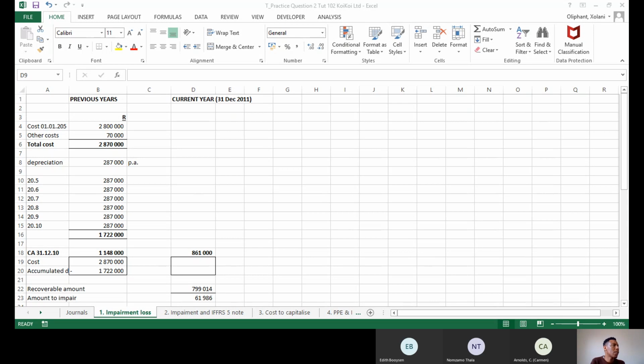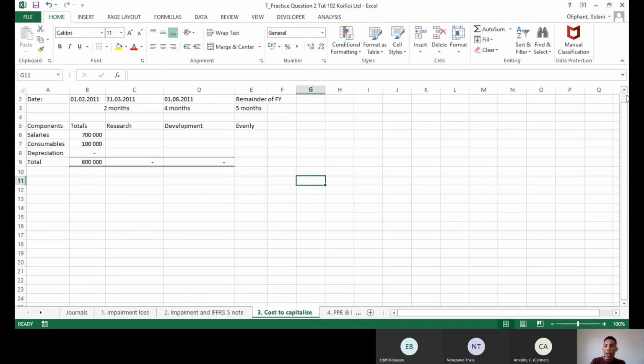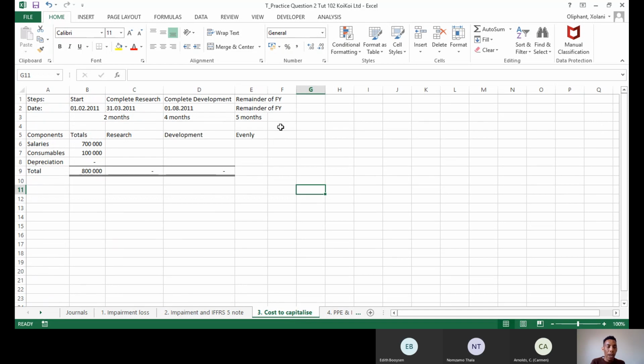So we go back to the question, the scenario, and see what is happening in the scenario. I already know what's happening in the scenario. What I know is they started with this whole project on the 1st of February 2011.